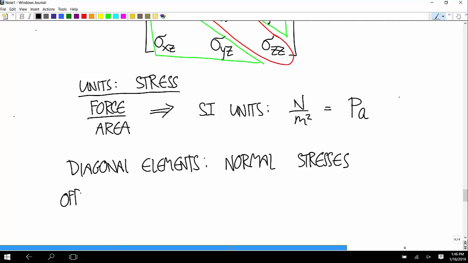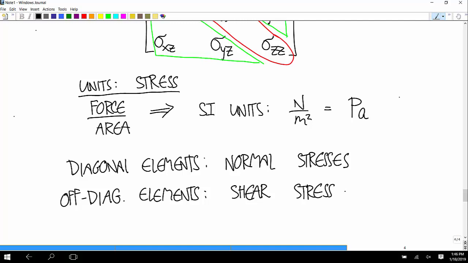And the off diagonal elements are called the shear stresses. And just like, remember shear forces when you did internal loads and statics, these are the stresses that would be developed when you cut something with scissors, with shears.